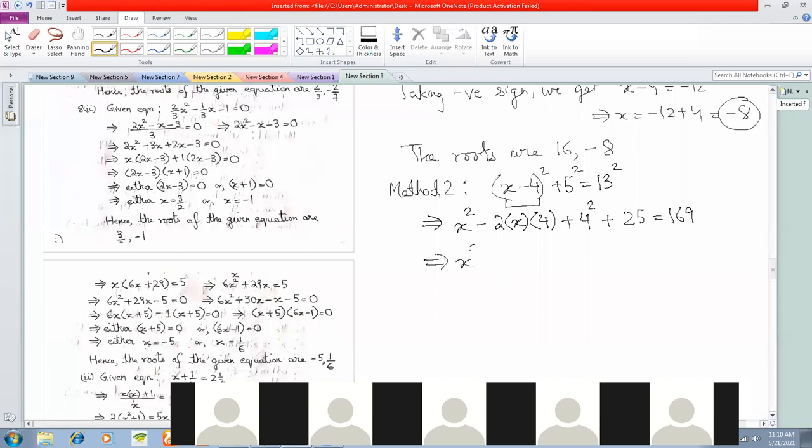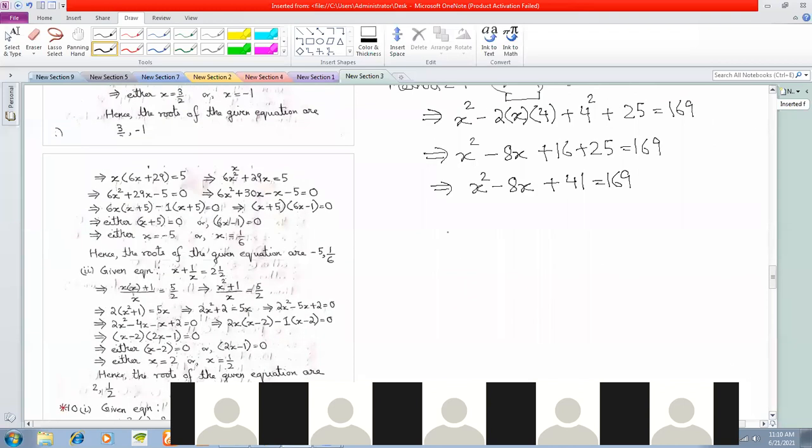That means you get x square minus 8x plus 16 plus 25 is equal to 169. That means you get x square minus 8x plus 25 plus 16 is 41 is equal to 169.